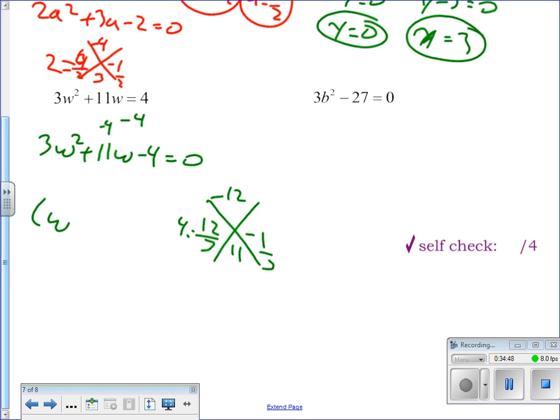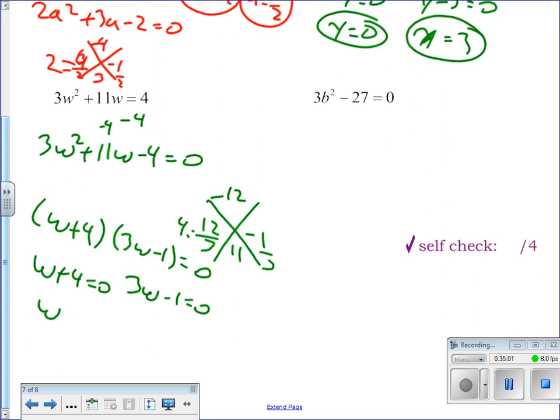So I have w plus 4, 3w minus 1 equals 0. W plus 4 equals 0. 3w minus 1 equals 0. W equals negative 4. W equals 1/3.